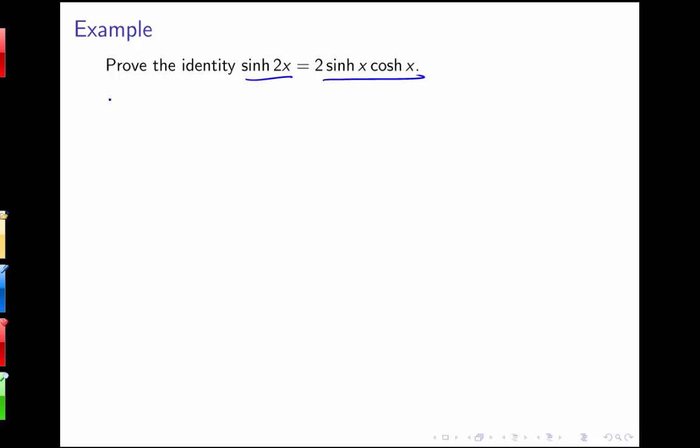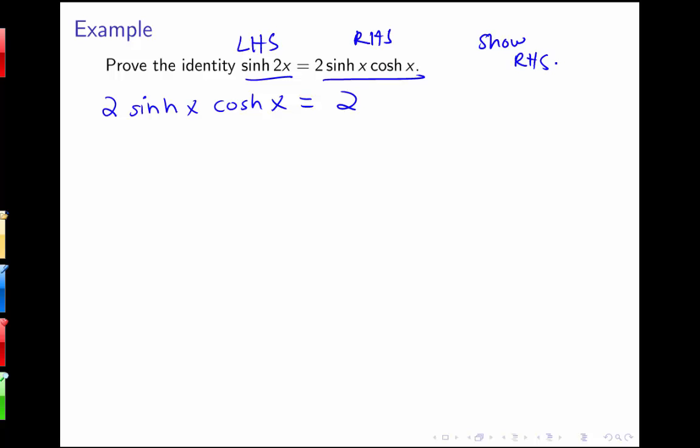And usually I want to start with the side that's a little bit more complicated and then work to simplify it. So here I'm going to start with 2 hyperbolic sine x hyperbolic cosine x and then substitute in my definitions. So I'm starting with this right-hand side, and I'm going to try to show that that right-hand side is equal to that left-hand side.